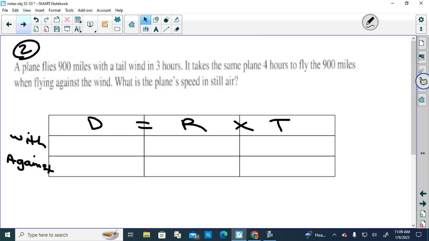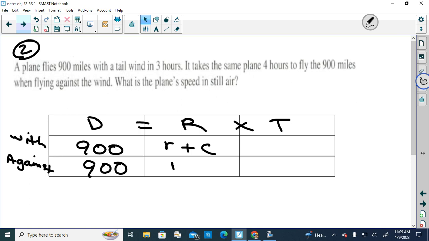Okay, this time they tell us the distance that we're going, which is what? 900. So regardless of whether we have wind in front of us or wind behind us, we're still going 900. My rate with wind is going to now have a current that's going to speed things up.